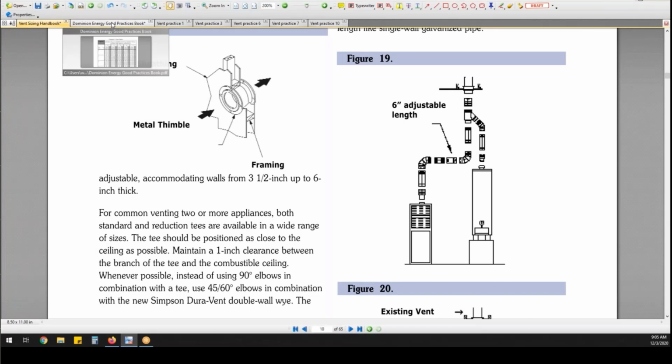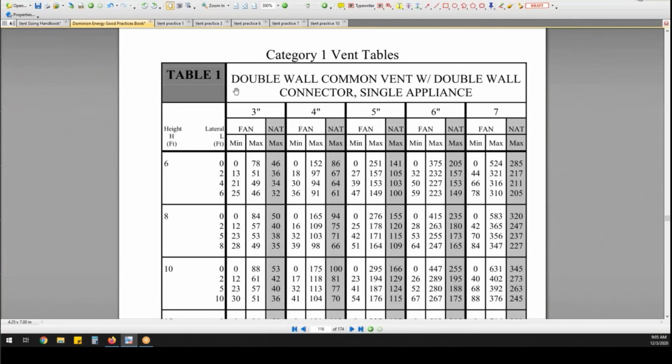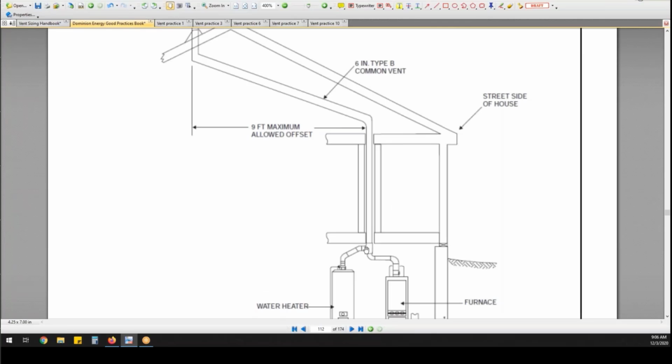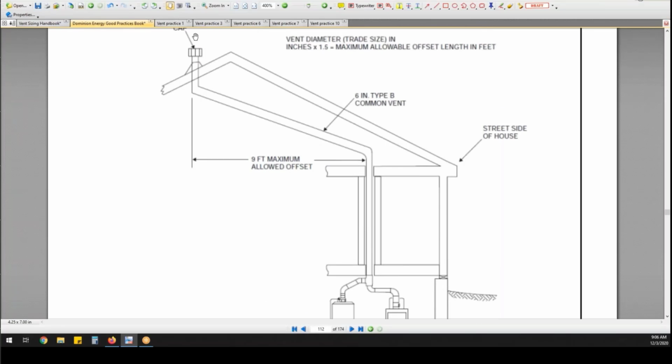Over here, let's see. Great pictures right here. So here we have two appliances. I have my main stack, and at this point right here, I've got a connector, and this is all considered a connector. My common vent starts at this T and is everything that goes out to the outside of the house.